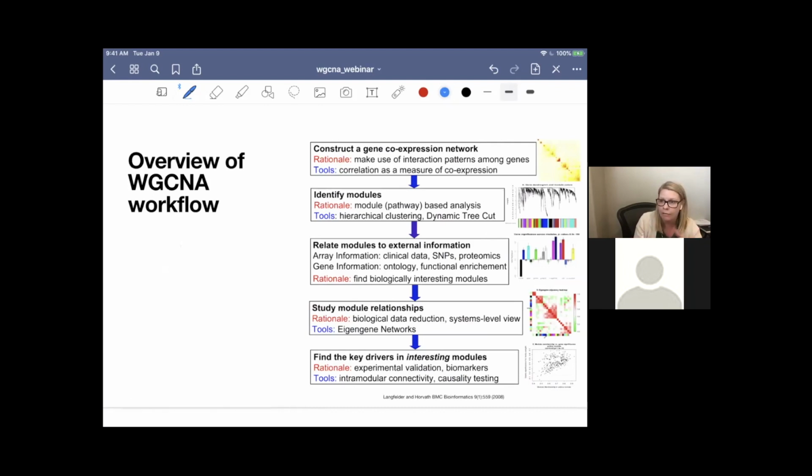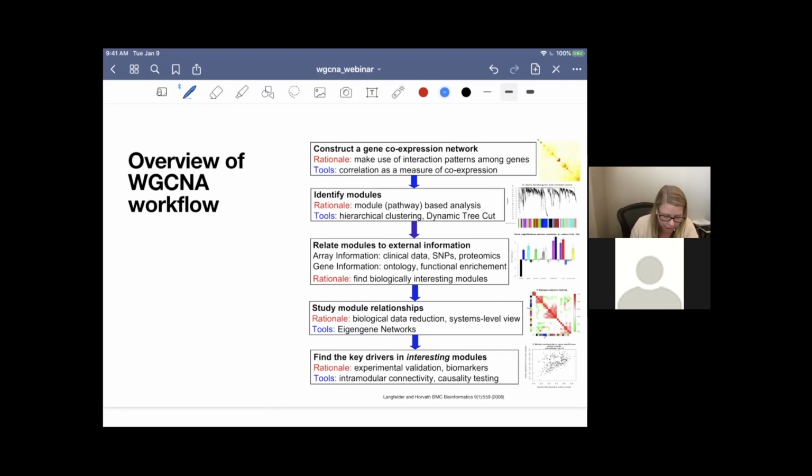So a lot of this information comes out of his lab, a lot of these figures, a lot of these concepts. If you didn't happen to notice on the seminar announcement, there was a link to several really good papers. One of my favorites is the Weiss paper that talks about good enough solutions. It does a fantastic job of laying out the foundation for networks. And then there are a lot of tutorials to take you step by step through the WGCNA R package as well. So there's a link to that.